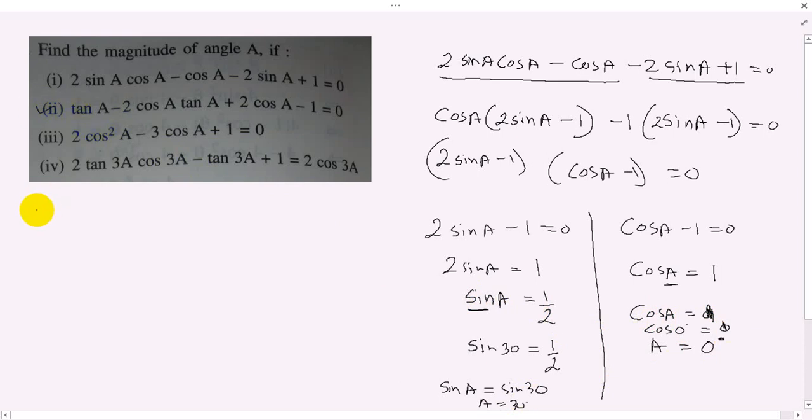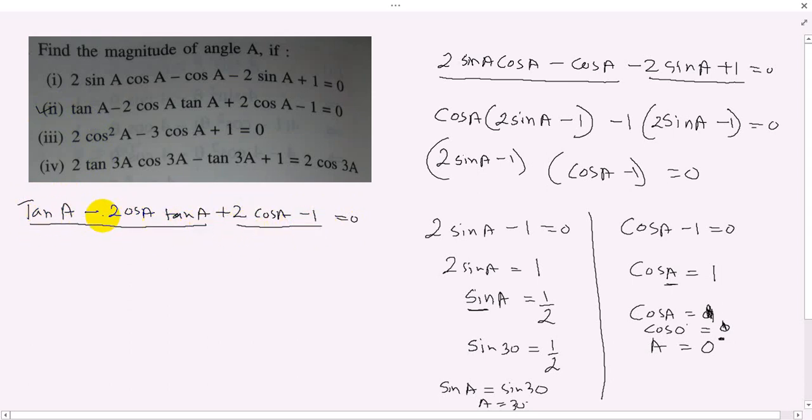See, tan A minus 2 tan A cos A plus 2 cos A minus 1 is equal to 0. Again see the common in these two and these two.